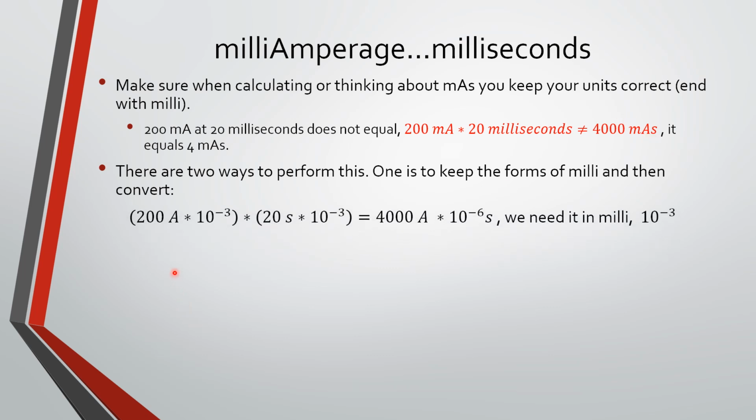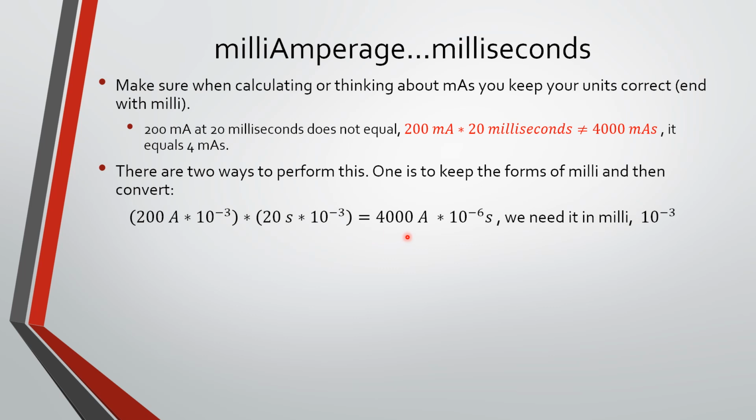So this question right here is effectively actually saying 200 amps times 10 to the negative 3, which is the milli, okay, prefix, times 20 seconds times 10 to the negative 3, because milli is 10 to the negative 3, okay.